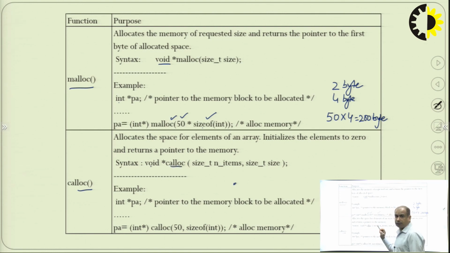Same as malloc, here we use calloc, with size t and number of items, separated by a comma operator. Here the memory will be 50 items of 4 bytes each if we are using a new type of computer.